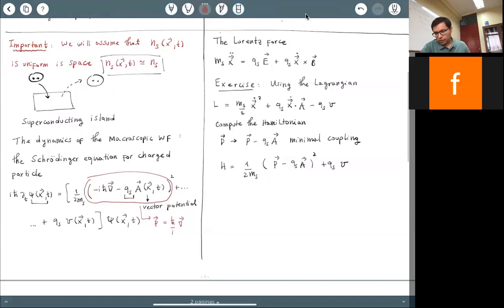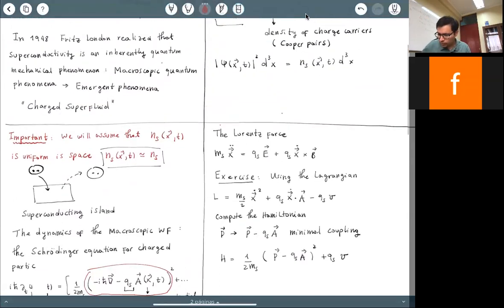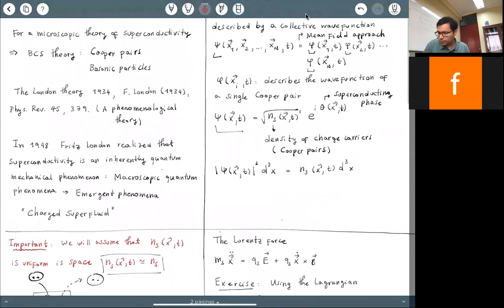All the particles condense into exactly the same ground state. So you have trillions of Cooper pairs occupying the ground state. This way appears the concept of macroscopic quantum phenomena. And for that, we propose this wave function we have here.